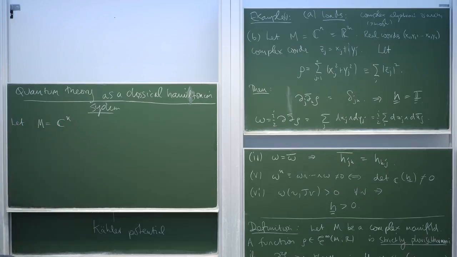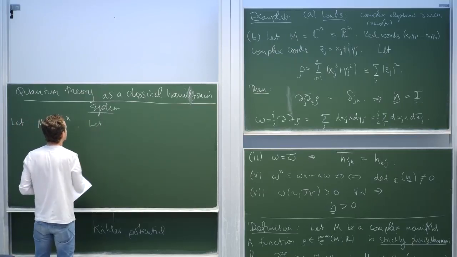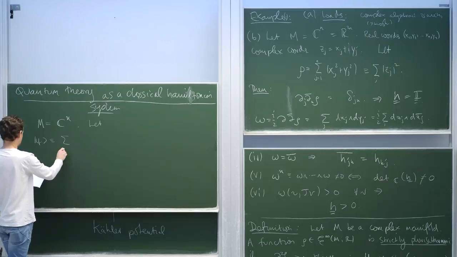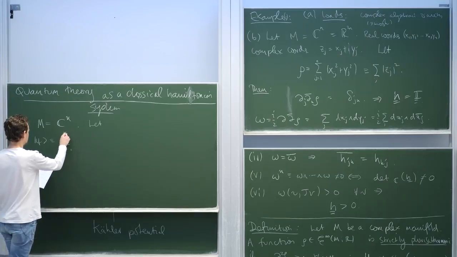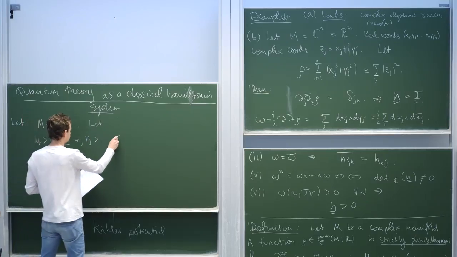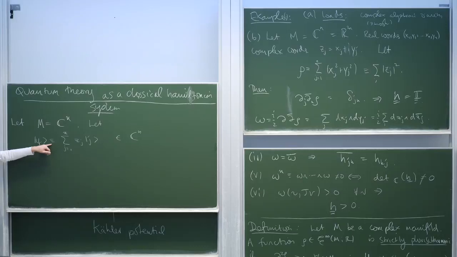All right, let's take M, our Kähler manifold, as just the complex numbers, C^n. And let's write out a ket in terms of a basis. Elements of this complex manifold, you can think of them as state vectors, if you're so inclined.